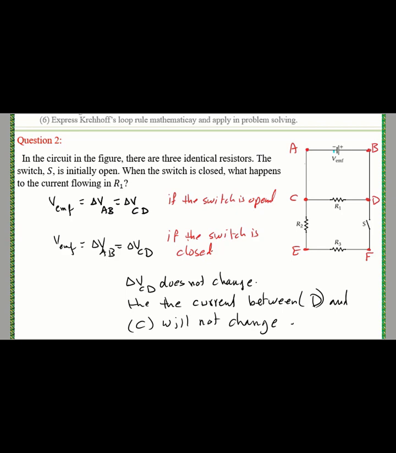That's it. So here, no change in current.